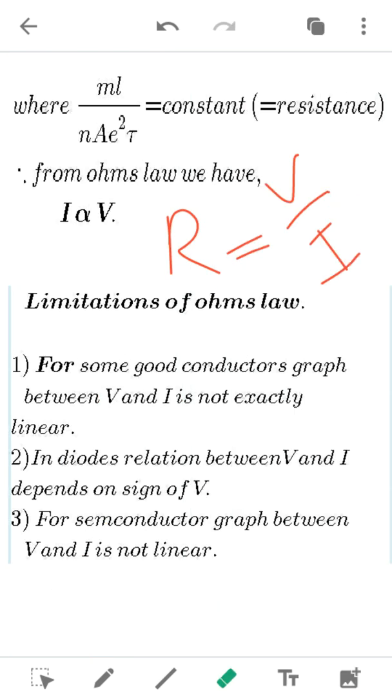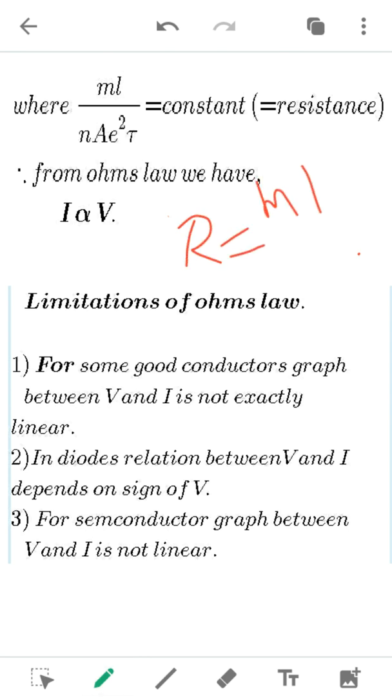So R equal to m L by n A e square tau. This is the deduction of Ohm's law. Very, very important. So we can write R as m L by n A e square tau. This is the deduction of Ohm's law using the drift velocity.